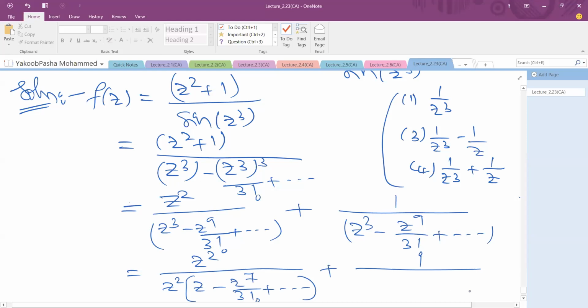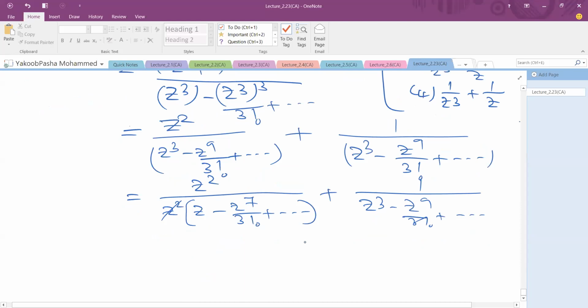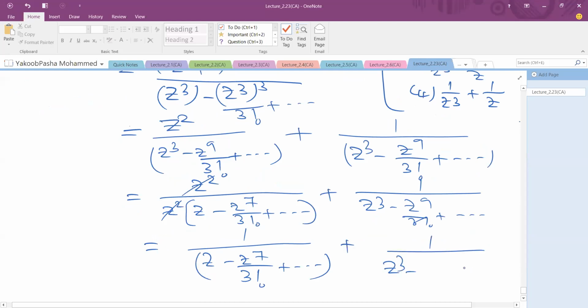So here z square will be cancelled. Here we have 1 by z minus z power 7 by 3 factorial plus and so on plus 1 by same z cube minus z power 9 by 3 factorial plus and so on. Okay.